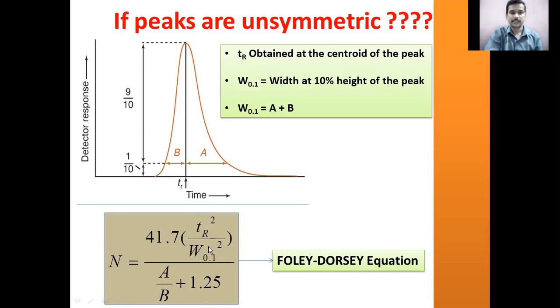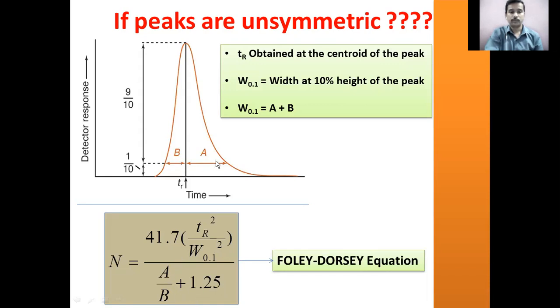You can obtain the retention time, and W0.1 is the width of the chromatographic peak at 10% height. If this is 100% height, and at 10%, what is the width of the chromatographic peak you obtain? That is W0.1. So TR square divided by W0.1 square into 41.7 divided by A by B plus 1.25.